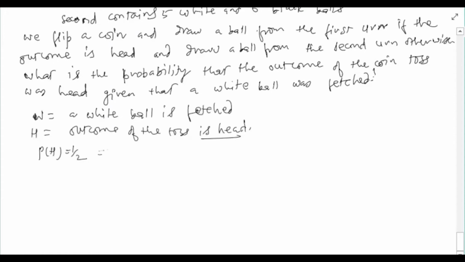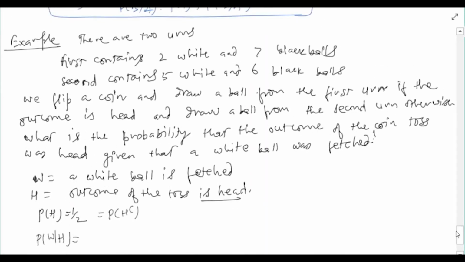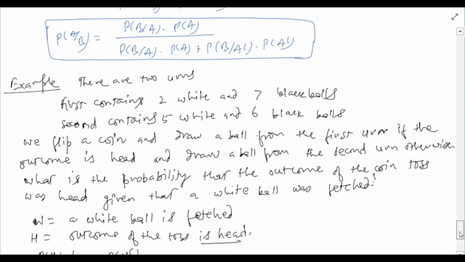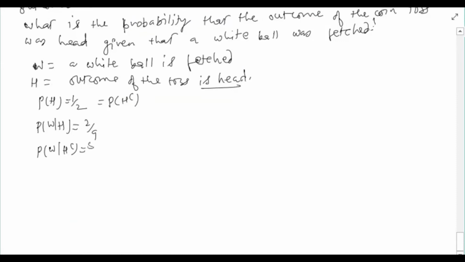So is the probability of H complement, or the probability of tail. Probability of W given H, that is, given that the outcome of the coin toss was head, the probability that a white ball would be fetched is 2 by 9. Similarly, the probability of W given H complement would be, there are 5 white balls and 6 black balls, so it would be 5 by 11.